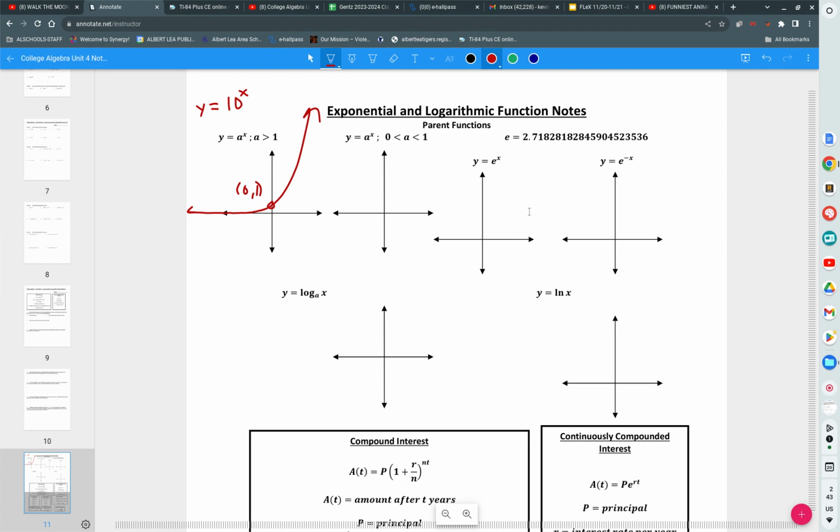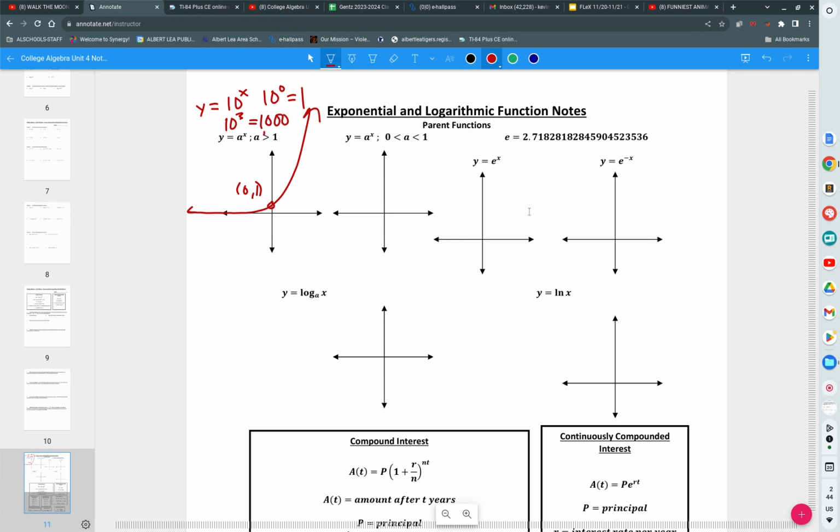There's a couple computations I want you to do. What is 10 to the 0 power? 1. So that's why it goes through the coordinate (0, 1), because if you plug in 0, you get 1. What is 10 to the 3rd power? 1,000.